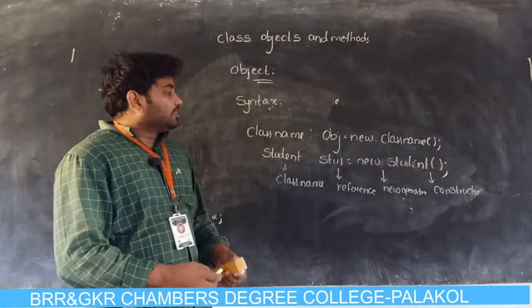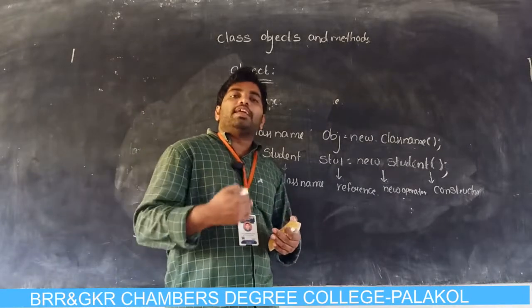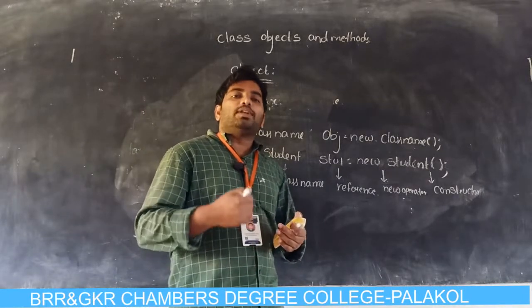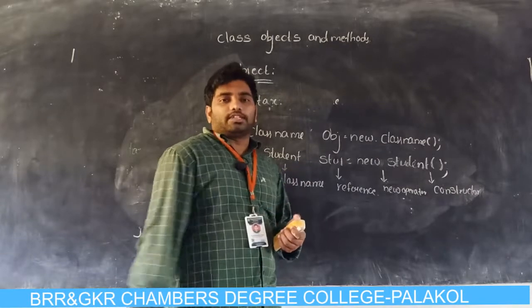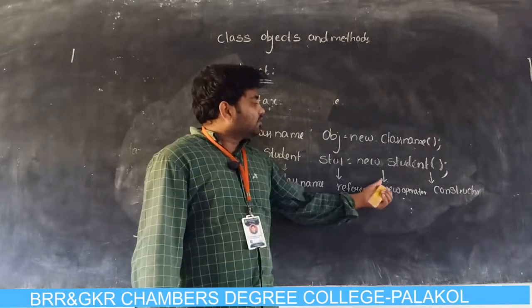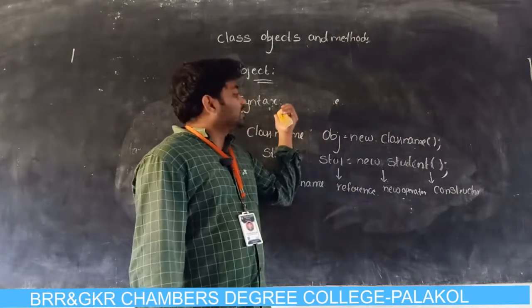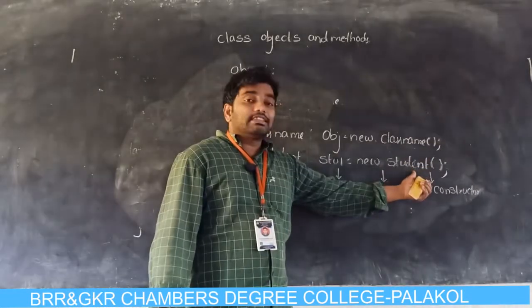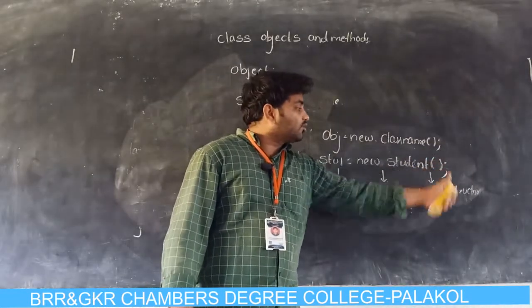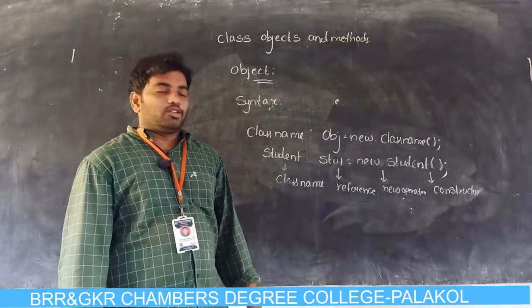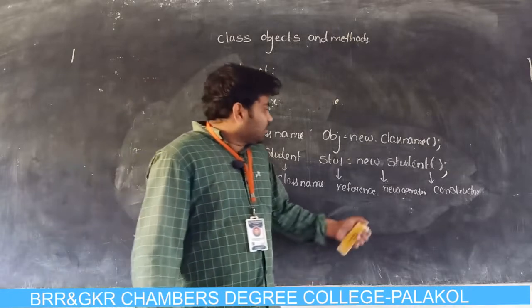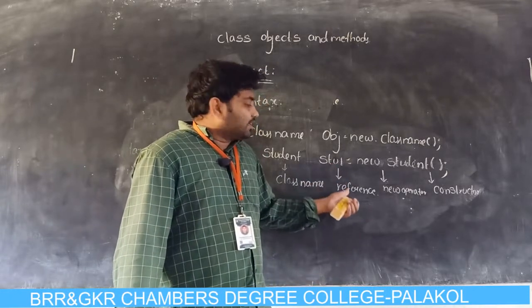New creates dynamic memory allocation, only for objects. This is the total information about the syntax. Student, the class name, with open and close parentheses, is nothing but the constructor.